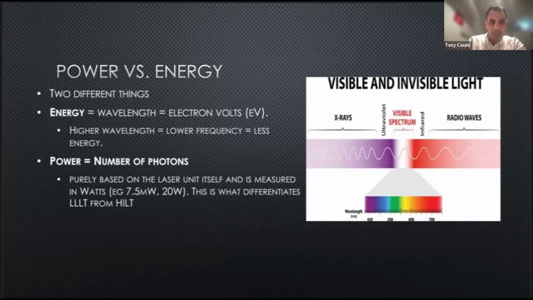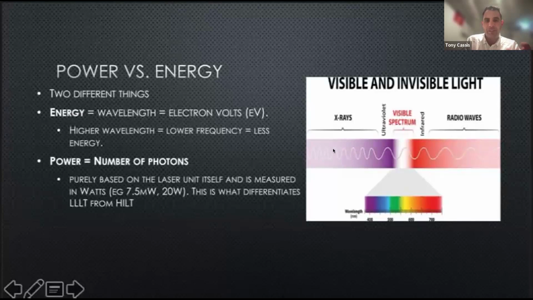Importantly, if you look at the left-hand side of this image, you can see the blue or violet wavelengths are a lot shorter wavelengths, so higher frequency. So per photon, they have more energy.